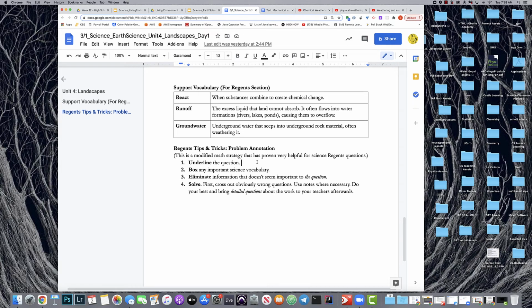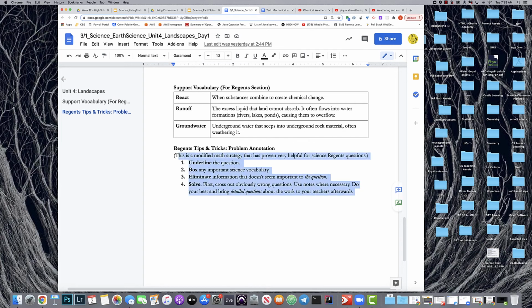By doing this, they have to interact with the language, they have to find science vocabulary, they have to compare information in the description to the actual question being asked and decide if that's relevant information. Often on the Regents, they get irrelevant information along with relevant information. So this is not a mindless process, but I do think it increases the confidence because it eliminates, hopefully, that period where students have no idea what to do.